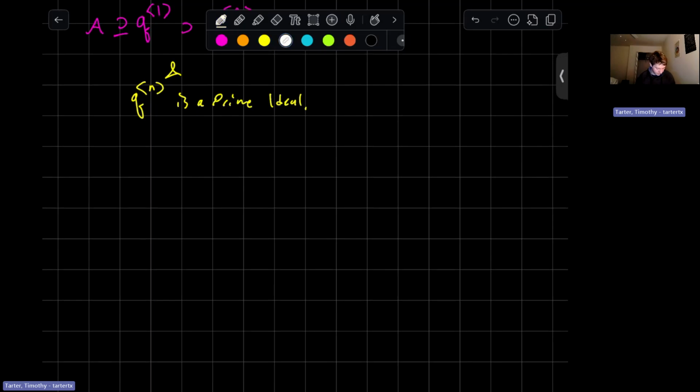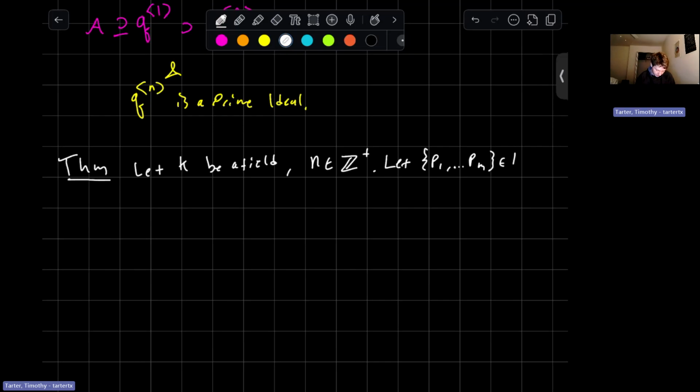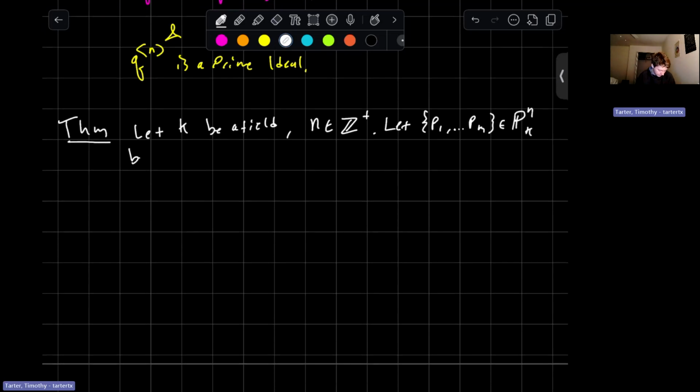Okay, so now we're about to have a bunch of important theorems. Let K be a field, possibly finite. Let N be in Z plus. Let P1 through PM in projective N space over K be a collection of points, not necessarily closed.